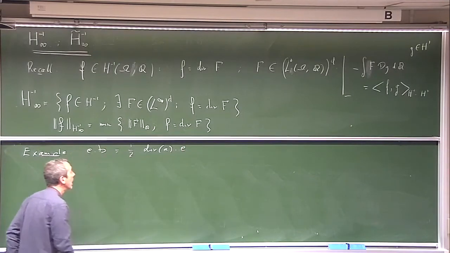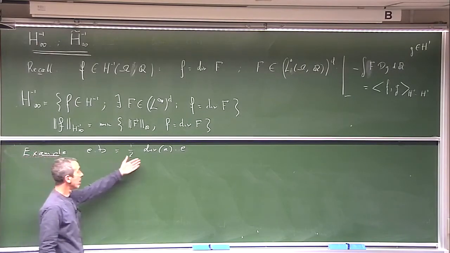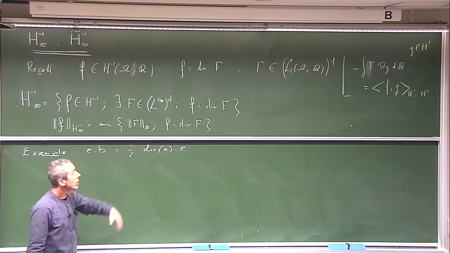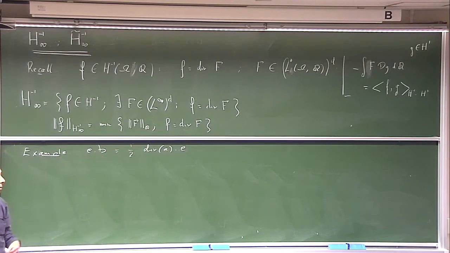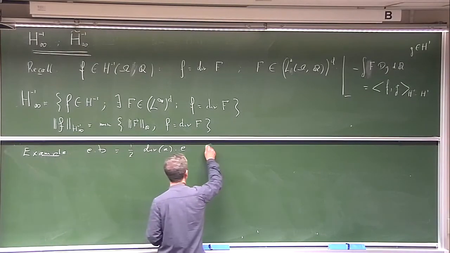Okay. And then, well, it's written in this equation that B is a divergence of A, and we assume that A is bounded. So this is indeed in H^{-1,∞}.